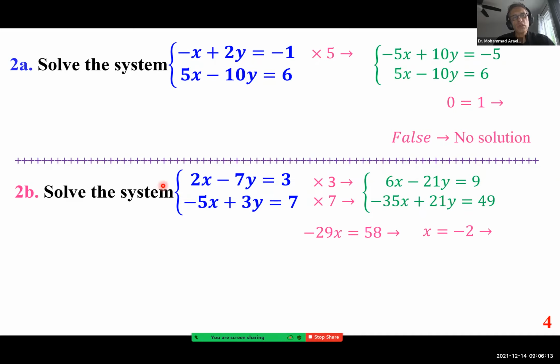Now, you either go back to the first or the second equation to solve the missing y. So if you go to the first one, you're going to write 2 times x, which is negative 2, minus 7y equals 3.